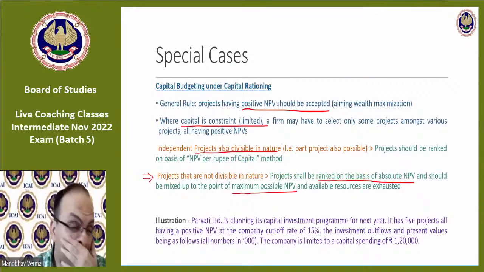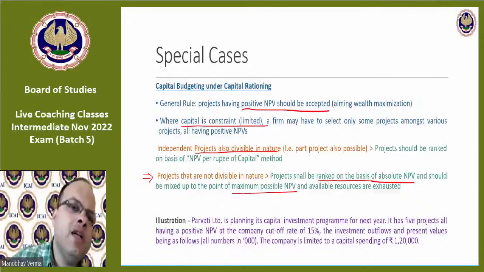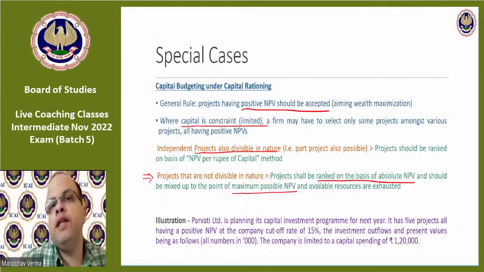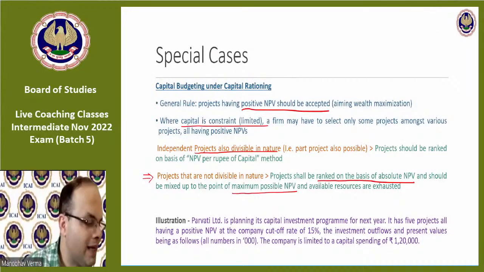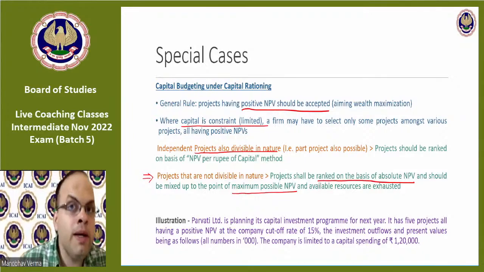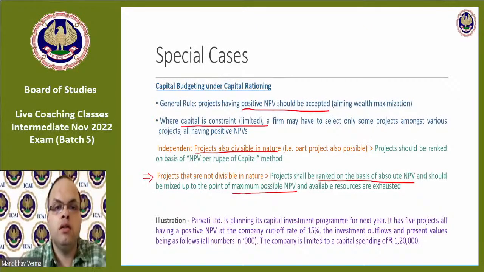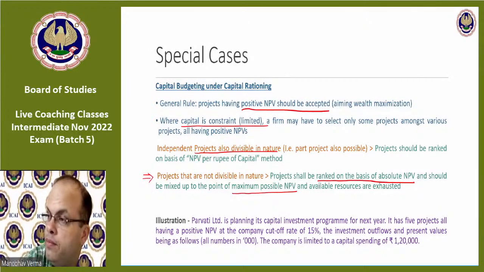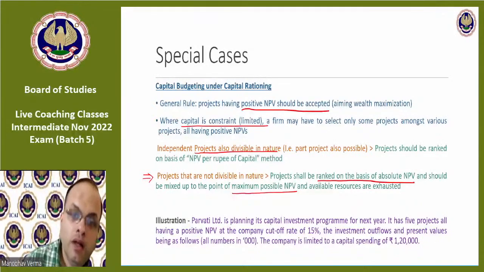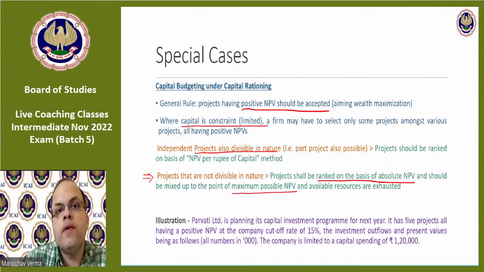Okay. Now coming back to my discussion on the projects that are not divisible in nature, we go for that combination where the NPV is maximum. But there could be a situation where you get an opportunity to select part of the project as well. Now there, the best thing is that you may be able to utilize each and every rupee.